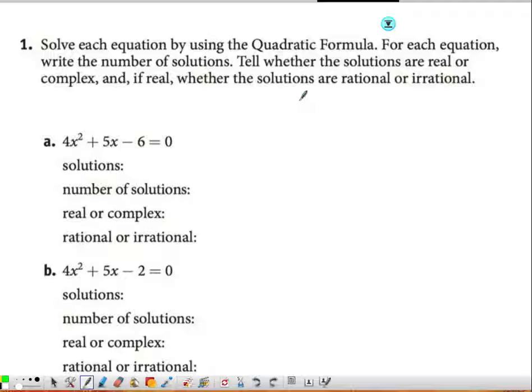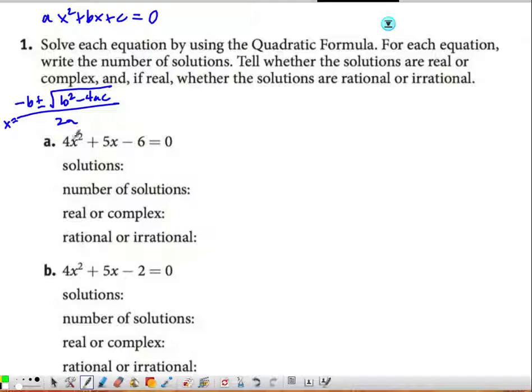So again, let me go ahead and write the quadratic formula. Negative b plus or minus the square root of b squared minus 4ac all over 2a is equal to x. Notice we got this from the general form, ax squared plus bx plus c equals 0.